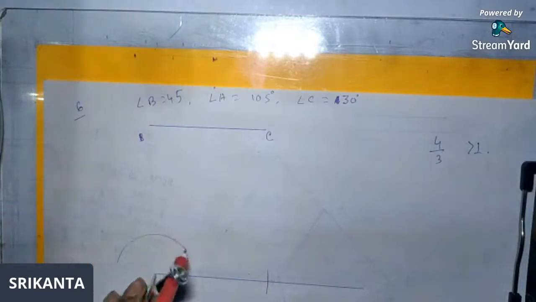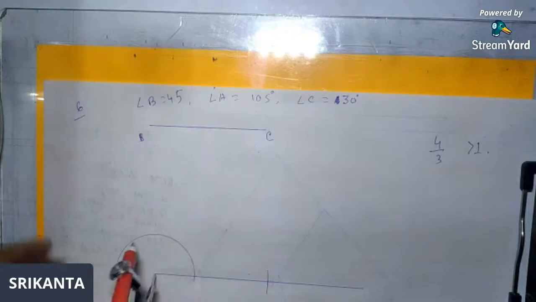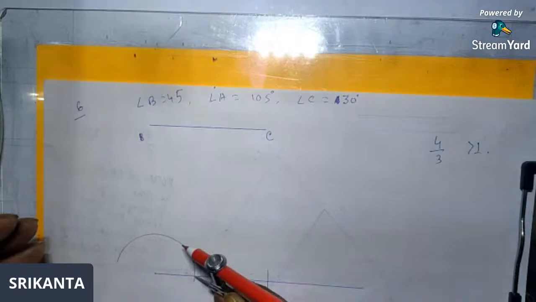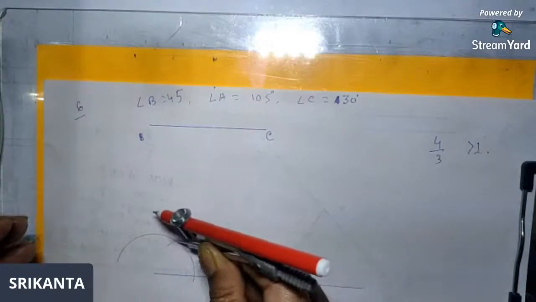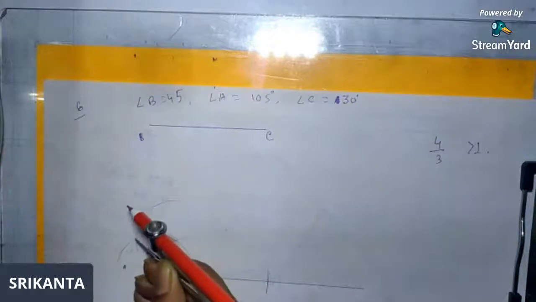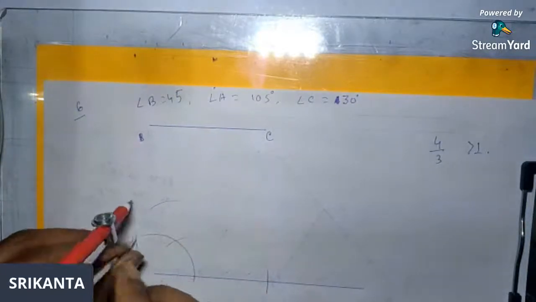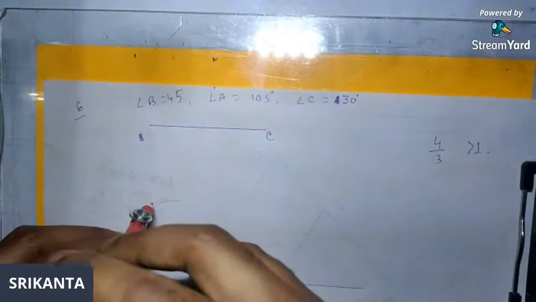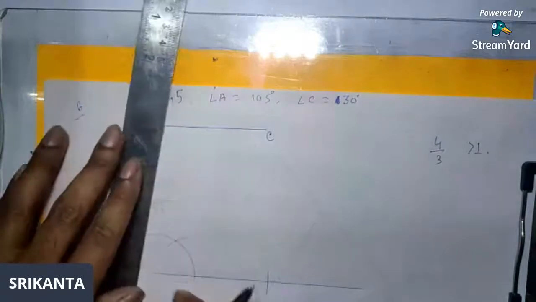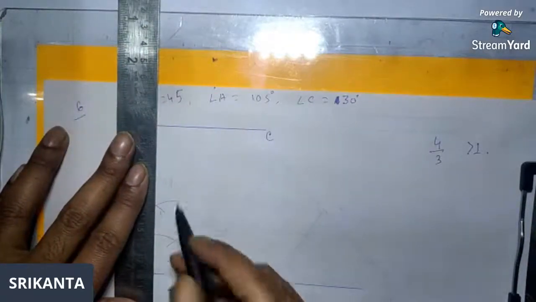So let us draw 45 degree. We will bisect 90 degree and have 45 degree.